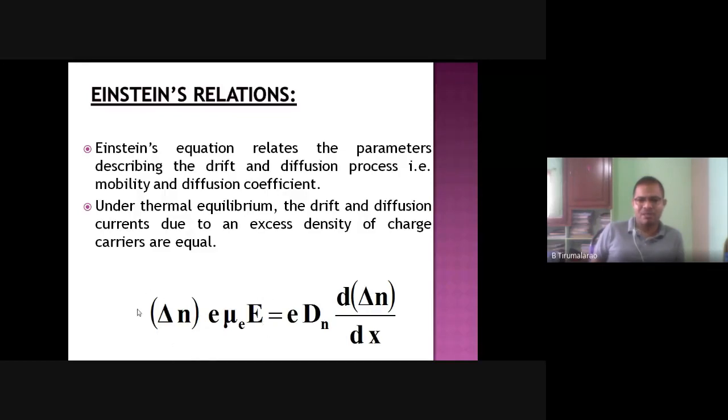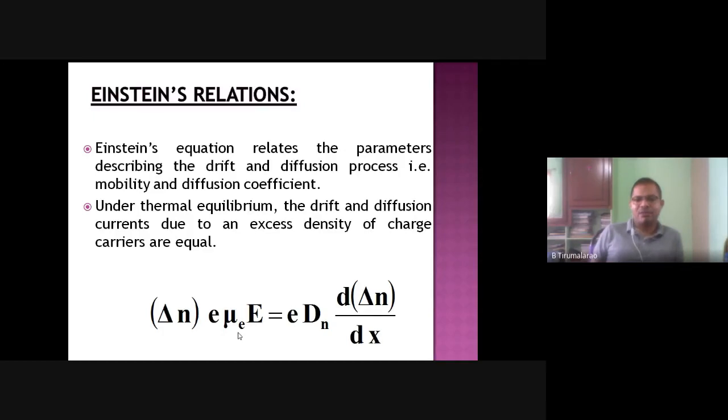Please concentrate. The entire left hand term is Jn of drift, which is the drift current due to electrons. At thermal equilibrium, it is equal to Jn of diffusion, the diffusion current due to electrons.